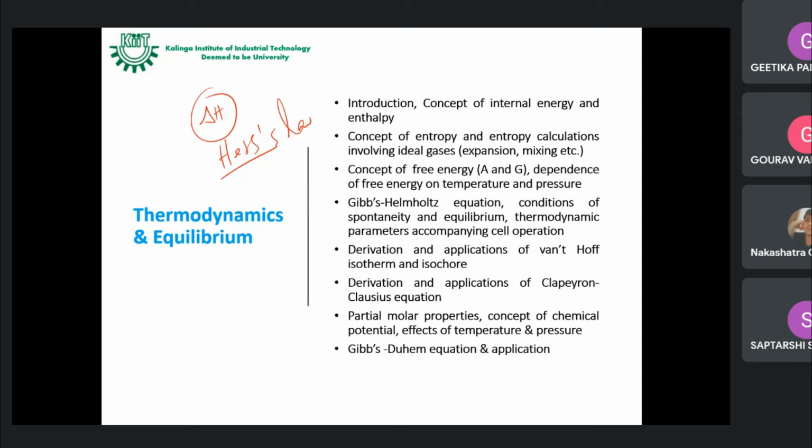So my point is that you may come across several types of driving forces, but if you look a little bit inside these driving forces, you will find that as a whole there are only two driving forces. One is energy, another is entropy.